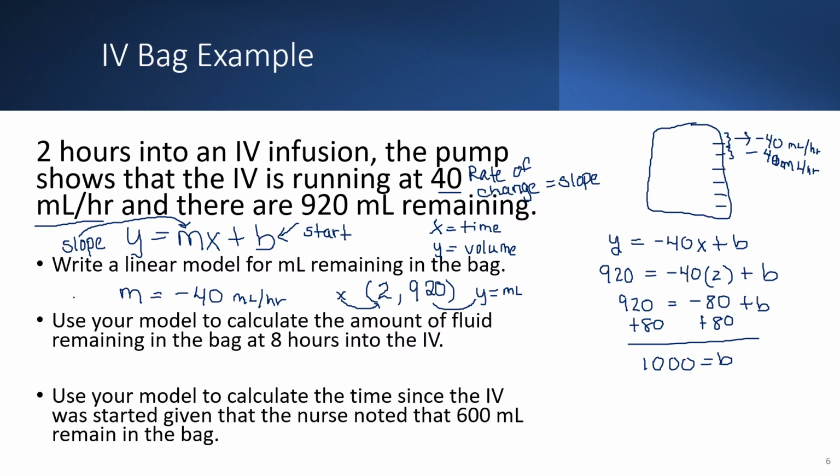So in answer to this first question, the linear model for this is y equals negative 40x plus 1,000. And a model is just another word for an equation that captures what's going on. And so we have this algebraic model, specifically a linear model, that captures what's going on with the IV bag.